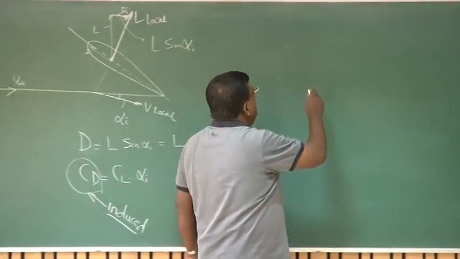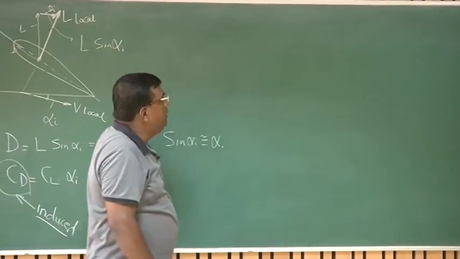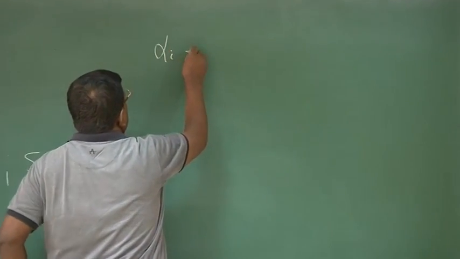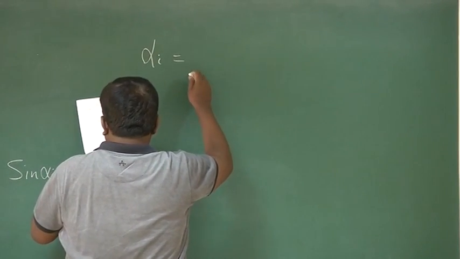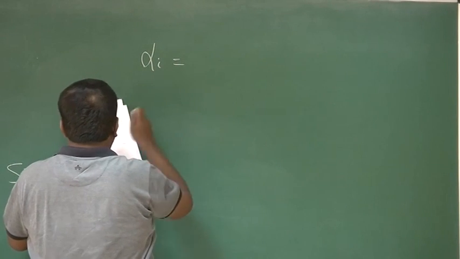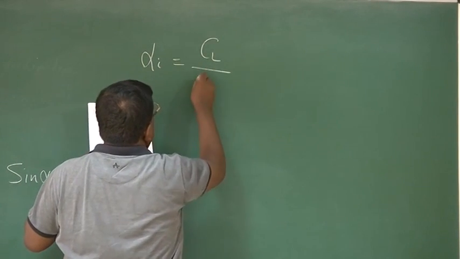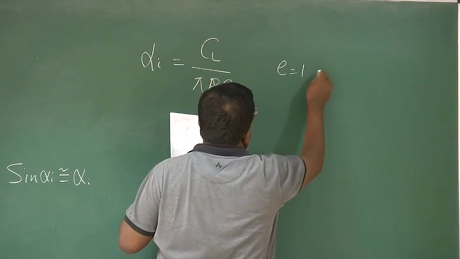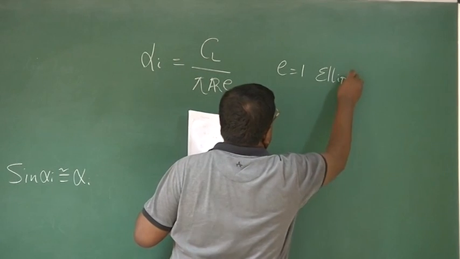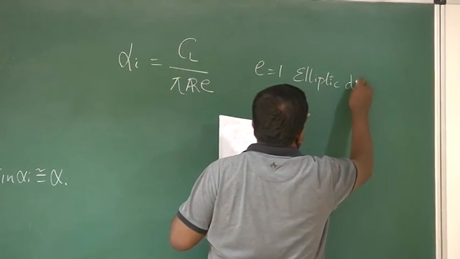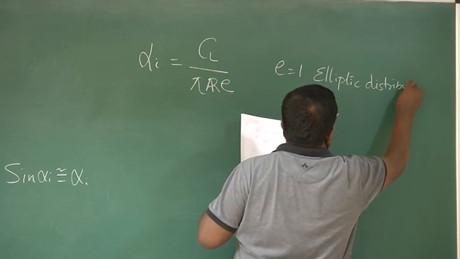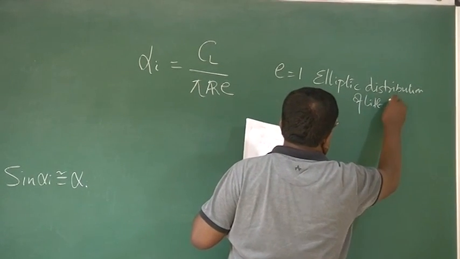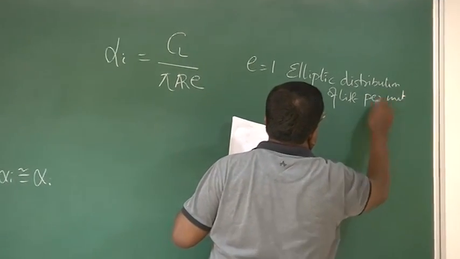And from the theory of incompressible flow for elliptic distribution, one can show that alpha I can be approximated as CL by pi times aspect ratio times e. Of course, e is 1 for elliptic distribution of lift per unit span.